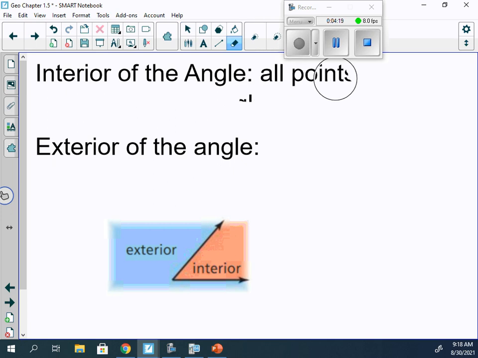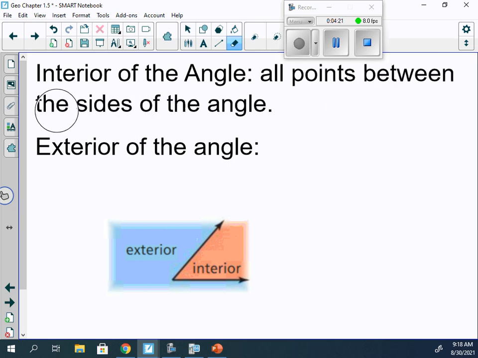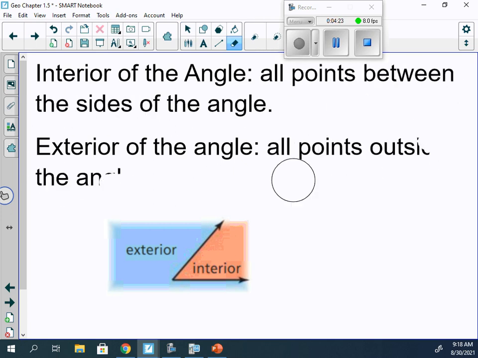Interior of an angle and exterior of an angle. Interior, all the points inside. Exterior, all the points outside.